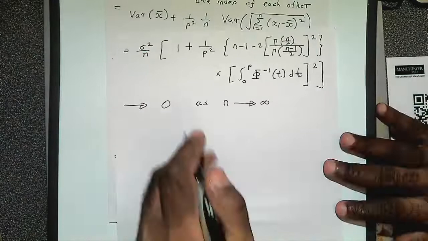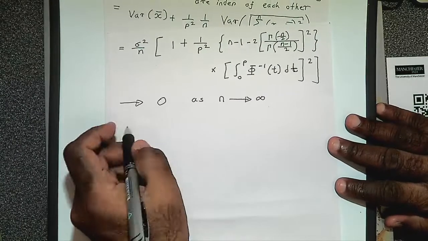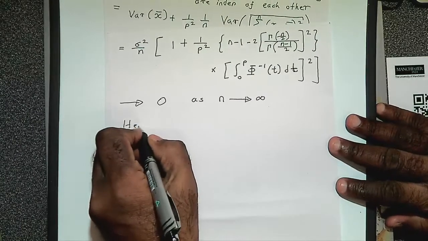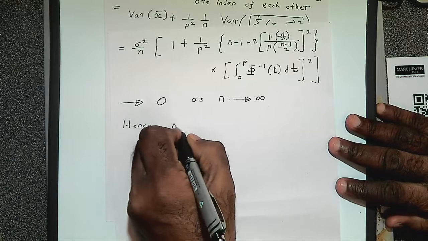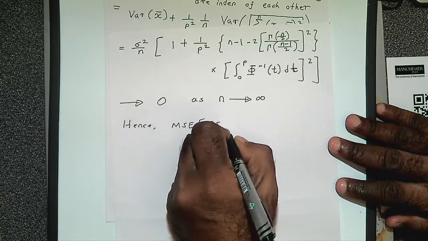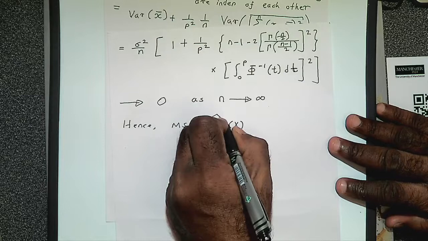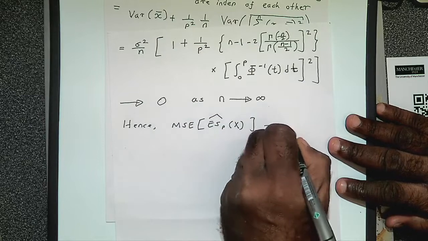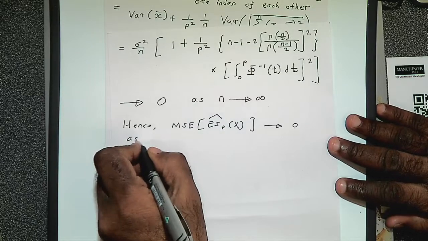So we have shown that, hence, the MSE of the expected shortfall approaches 0 as n goes to infinity.